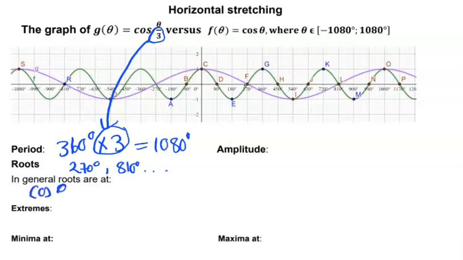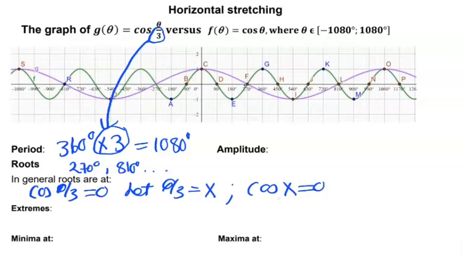cos of theta over 3 equal to 0, I can let theta over 3 equal to x. So then I just have to solve cos x equal to 0.